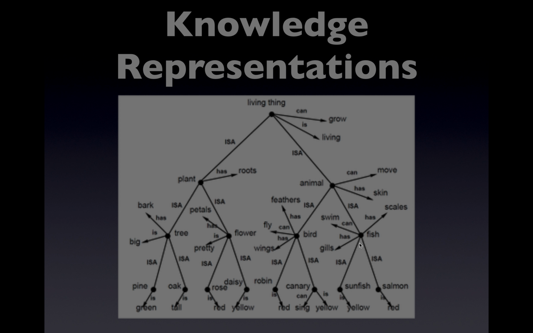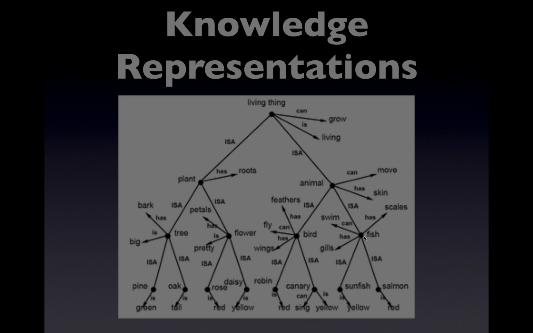And so it would be an efficient way to store information, according to Collins and Quillian, if you kept the essential information closest to the node that it represented, and any information that applied to many things, like all plants have roots.